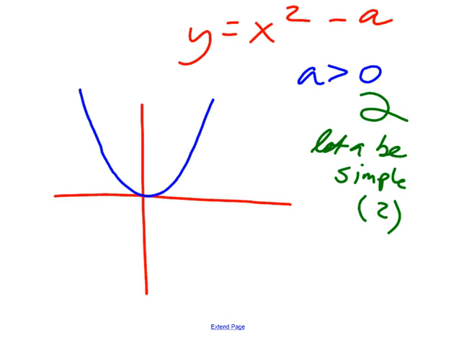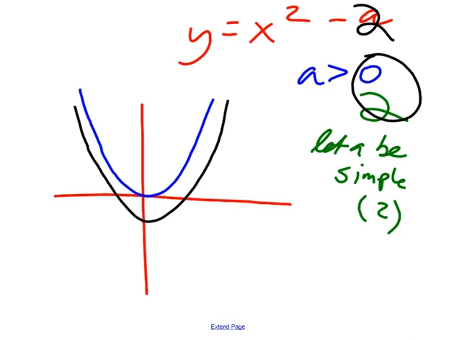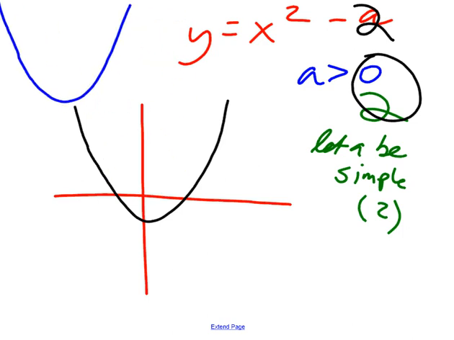I'm going to pause for a second. If you can't get this one, we shouldn't move on to those tricky ones yet. Pause for a second. Okay. So did you get that if you started with 2, that this would be a 2, and then the whole thing shifted down a couple, and so the first one you would have is not the blue one, it would be actually the black one.